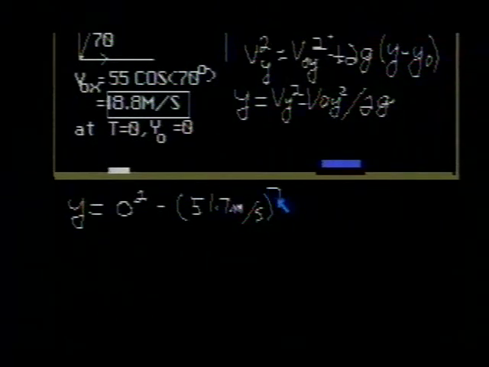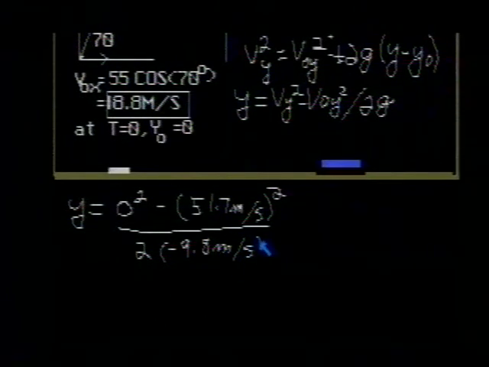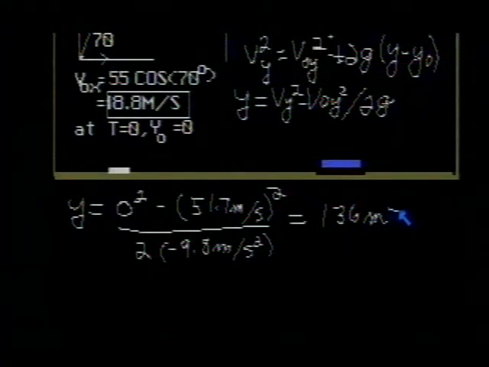Divide all this by 2 times g, which is 2 times minus 9.8 meters per second squared. The value that you should get for this is 136 meters. That then is the quantity that we called h.